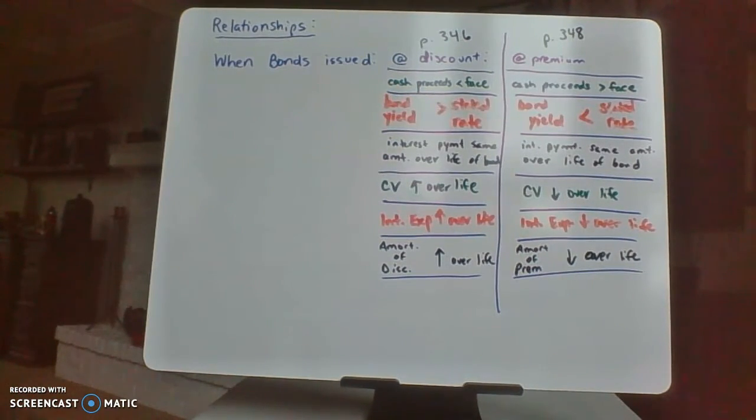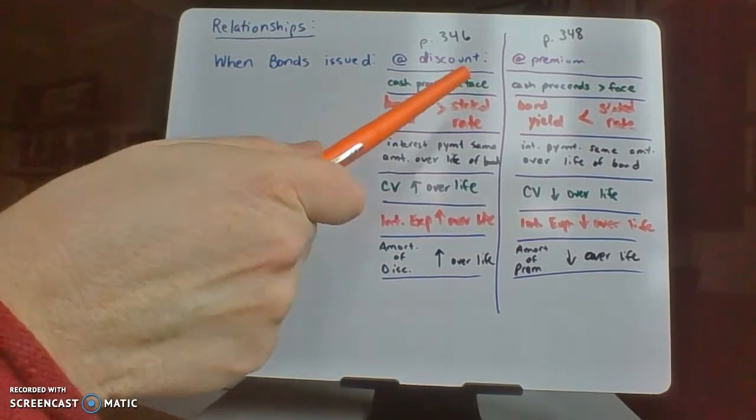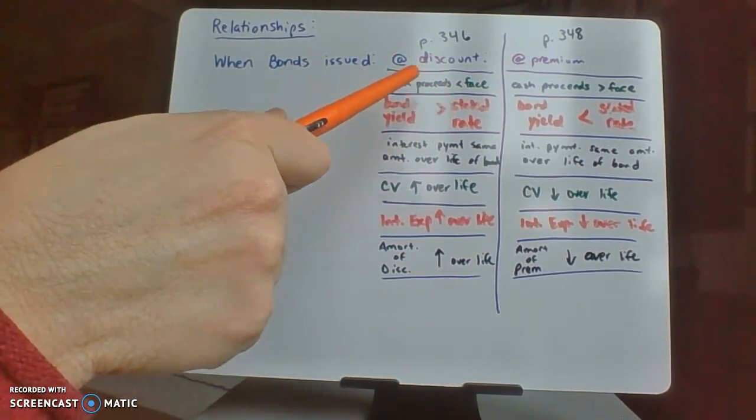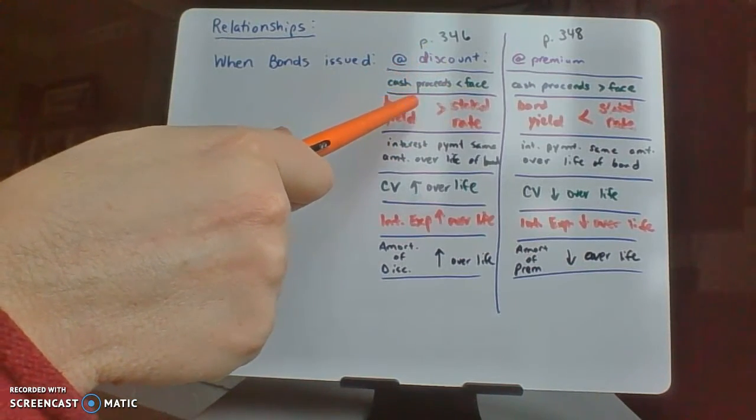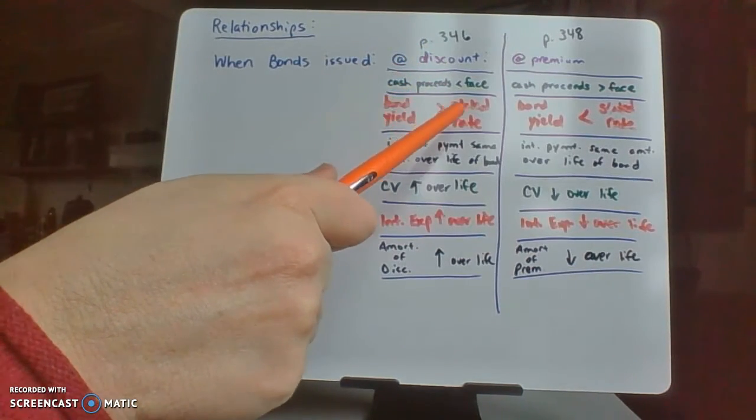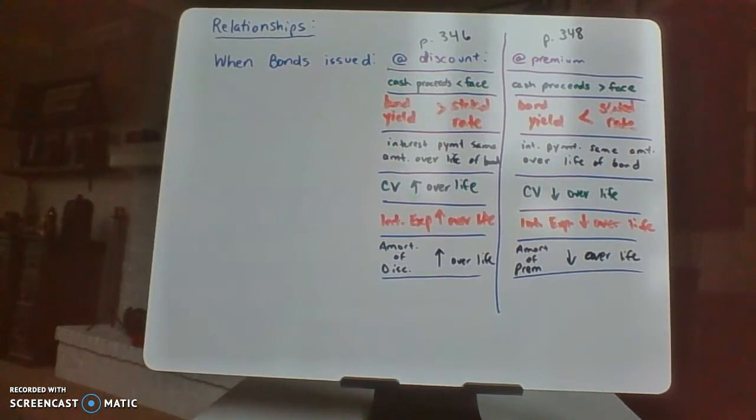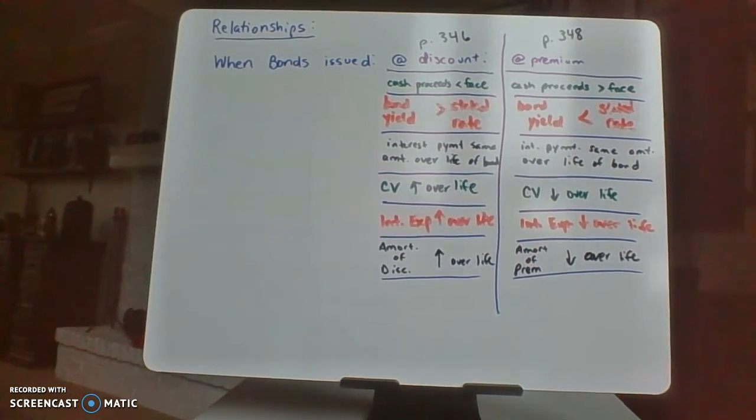So the logic of that is that a bondholder is going to pay us less, a discount less, because they're getting a lower interest rate than market rate is. So market's maybe at 8% and they're only getting 7% on the bond. So because they're not getting even what they could get if they invested their money somewhere else, then they would pay a discount.